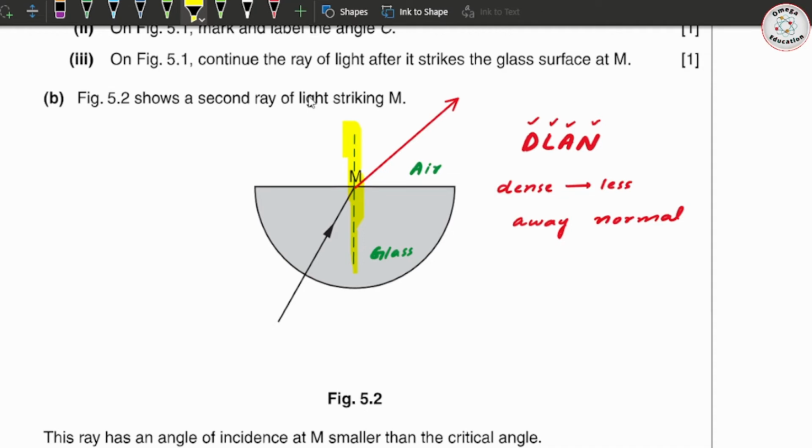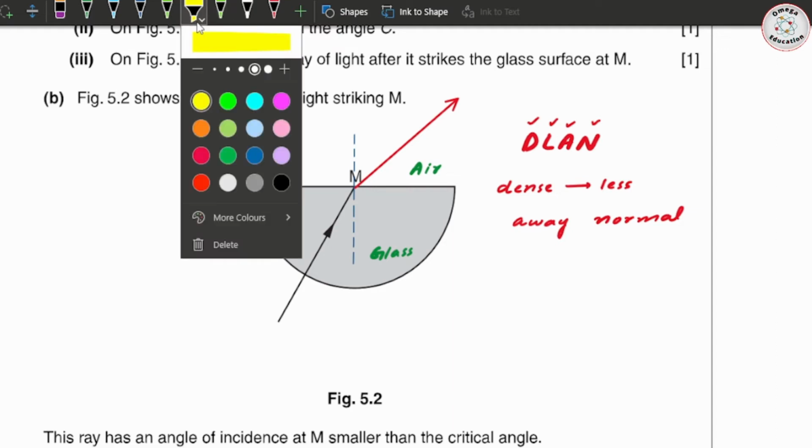Alright, so first of all, just for reference, you can draw a normal once again before you draw any other ray. It's always good practice to draw the normal. You can just make it a dotted line.